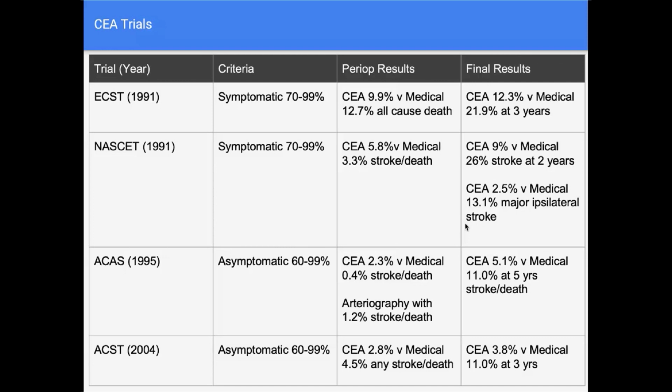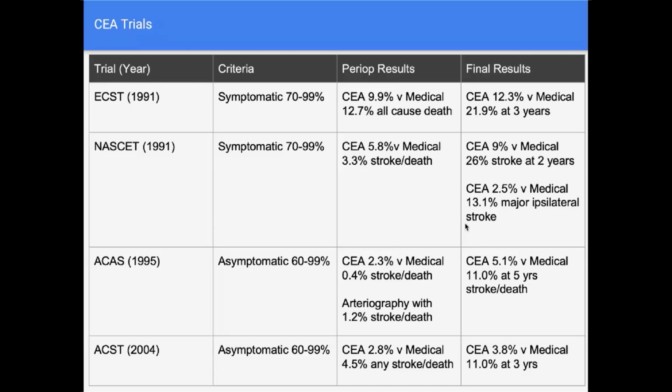I would like to comment that the medical management at this time involved blood pressure control with what they had at the time, and aspirin at relatively high doses, and all the medications that we have nowadays were not available at that time.